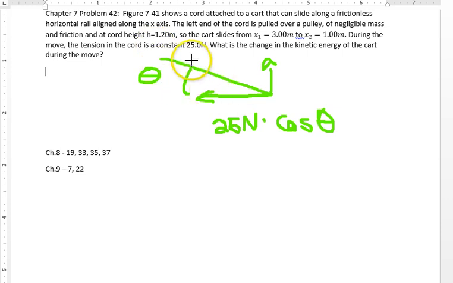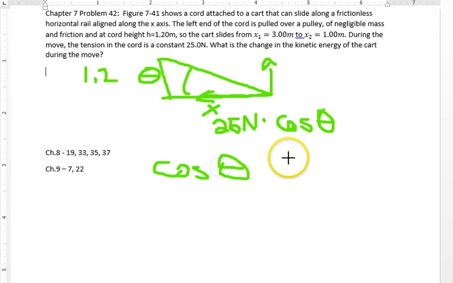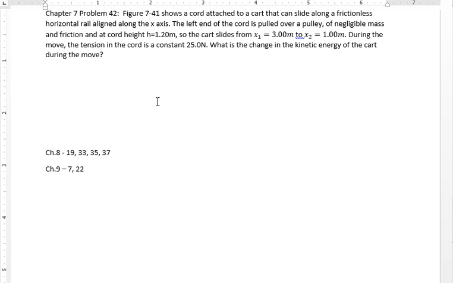Well, we don't know that angle, but we do know the length of this side. The length of this side is x. The length of this side is 1.2. We know that the cosine is equal to adjacent divided by hypotenuse. So we're looking for a force equal to 25 newtons times the cosine of theta.